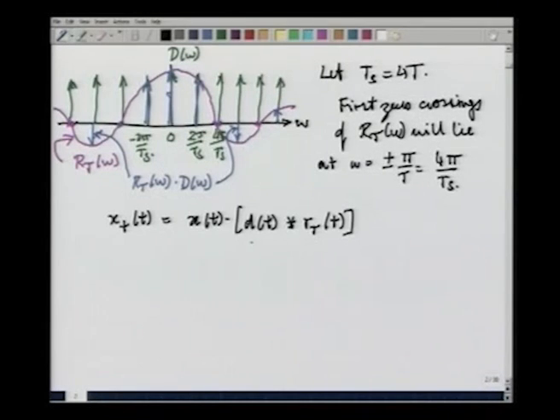Now that we have evaluated the transform of this, we just have to see what to do about the multiplication. Using the modulation property, it is pretty straightforward.